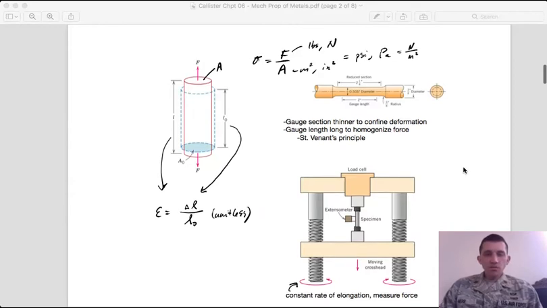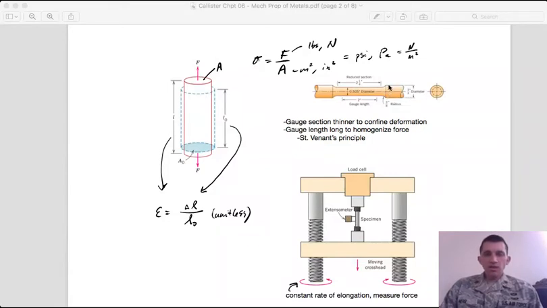And so when you're doing tensile testing, it's typical that you would make a sample shaped something like this, where you have thicker ends that are either held in hydraulic grips or have threads cut into them so that they can be threaded into the tensile testing machine.